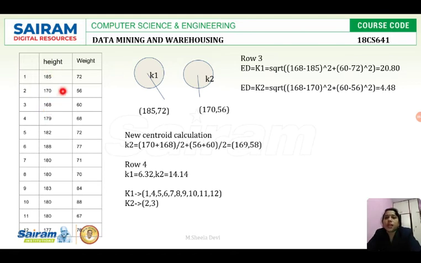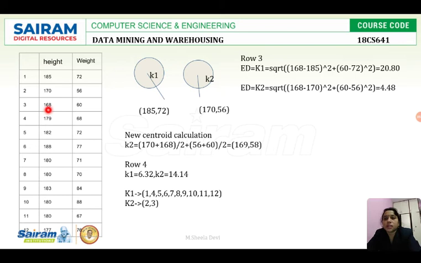The third row is 168, 60, and the centroid of cluster 1 is 185, 72. So (168 minus 185) whole squared plus (60 minus 72) whole squared, which is equal to 20.80. Then I have another cluster, for which the centroid is 170, 56.